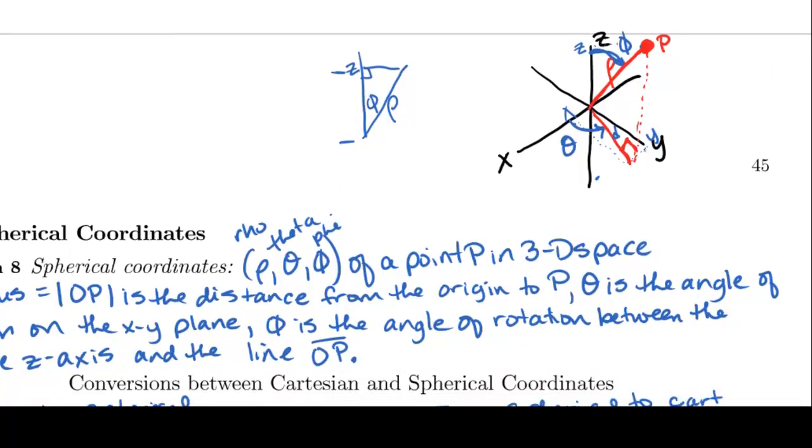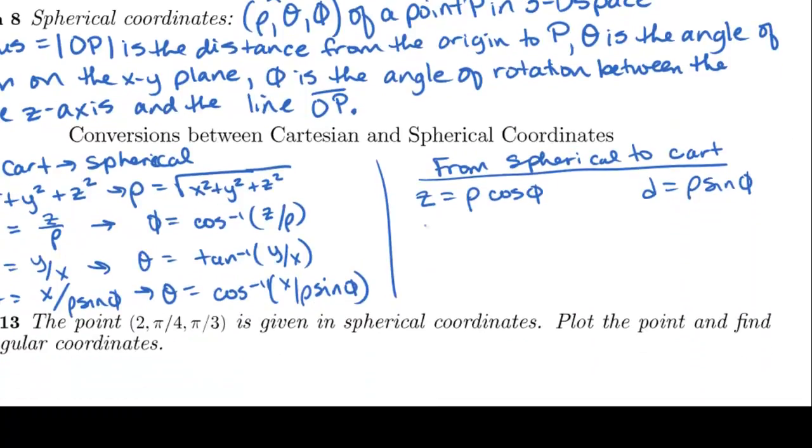So again, if you look at these opposite and adjacent, if we're looking at theta here, if we kind of drop the triangle this way, x is your adjacent and y is your opposite. So cosine of theta is x over, again, D, so x over rho times the sine of phi.